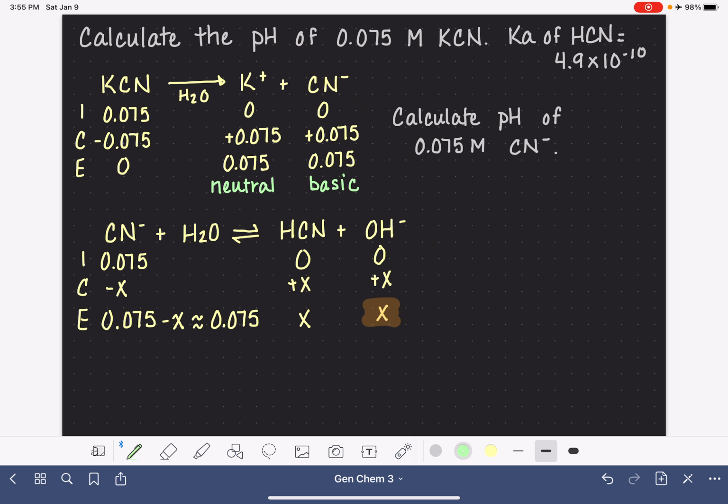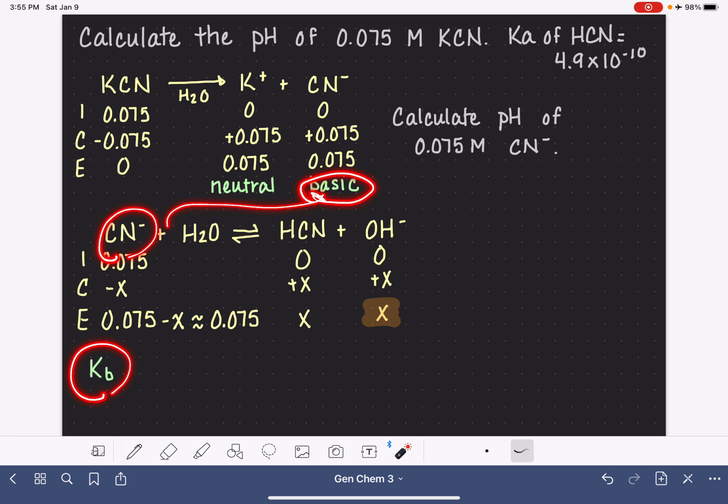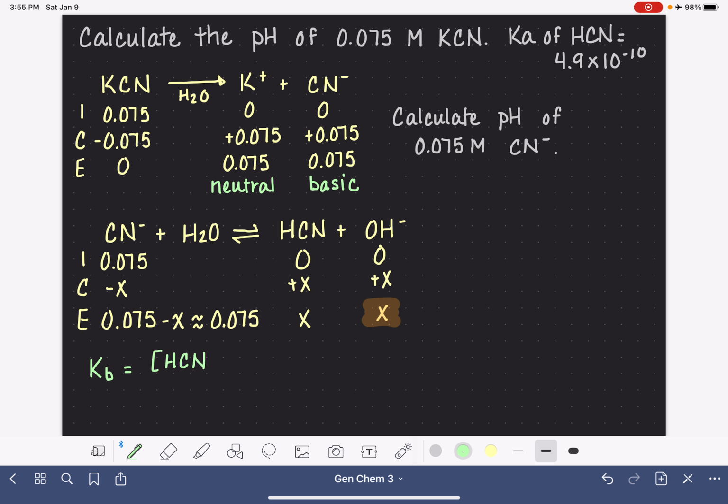To solve for that X, we're going to write an equilibrium expression. This equilibrium expression is a Kb. I know that it's a Kb because we're dealing with a basic anion, which we've classified over here. So this is a Kb. The Kb is going to be HCN, our product, times our other product, OH minus, over cyanide, CN minus.